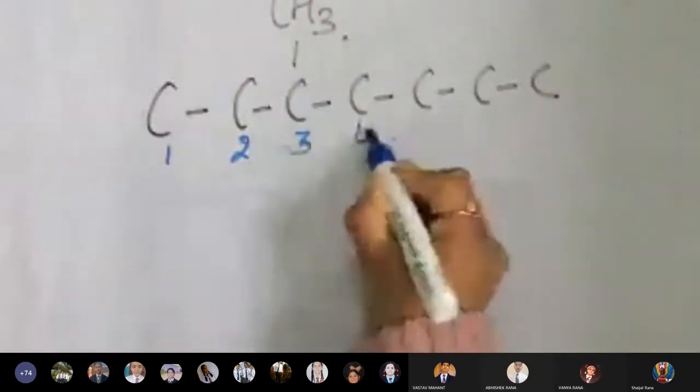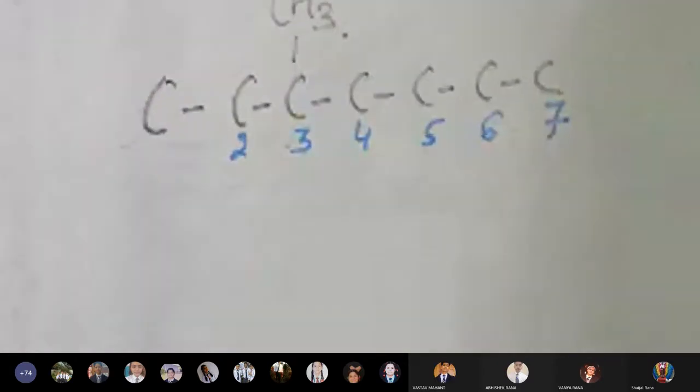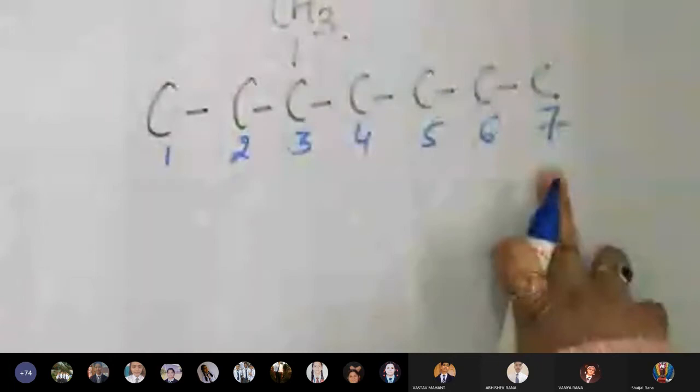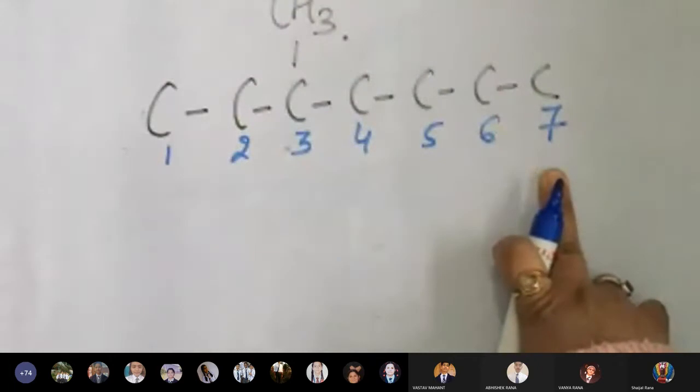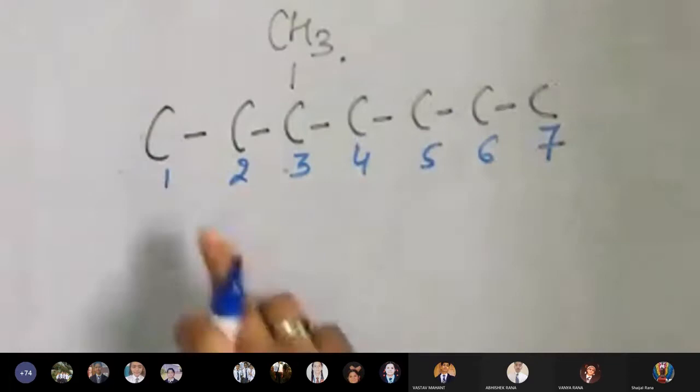Now if I start the numbering, the easy way is 1, 2, 3, 4, 5, 6 and 7. So I have got 7 carbons. If my screen is not visible, I'll repeat: page number 191, the first example with 7 carbons, that one I'm discussing.